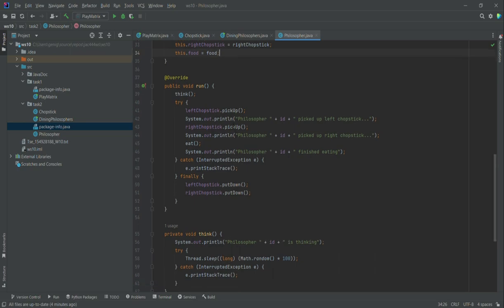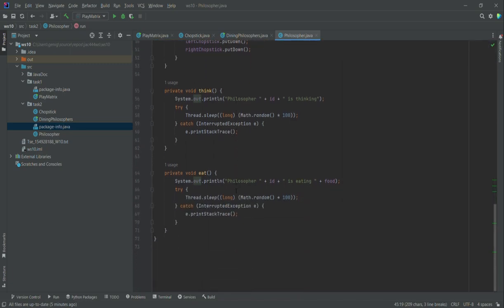So it's mainly about, through multi-threading in chopstick, we are gonna see if a philosopher picks up the left first or the right first, and also whether they put down the left or the right. But the main thing is they pick up the chopsticks and then they will eat. So the put down doesn't matter. And we also need to have a print function to see who starts, who eats, and who finishes.